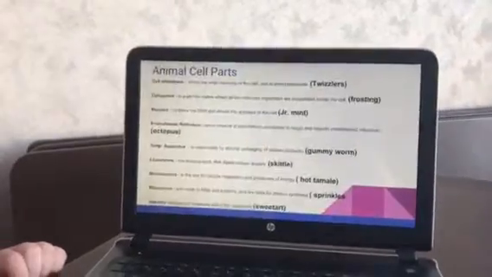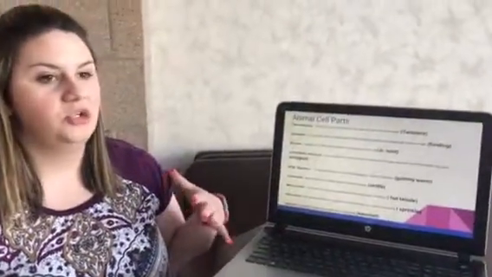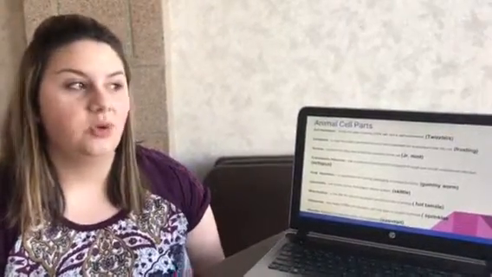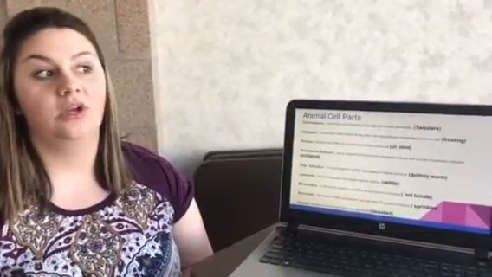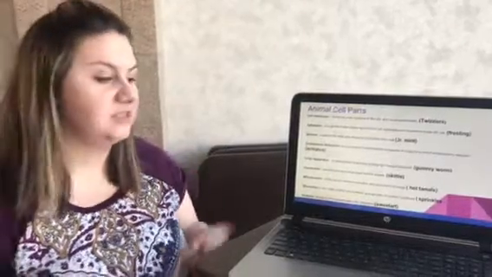Okay, so now for our interactive activity, I have chosen to use a cupcake to be our cell, and we are going to add all of the organelles to the cell, and then we are going to describe them one last time and point to them on our cupcake.